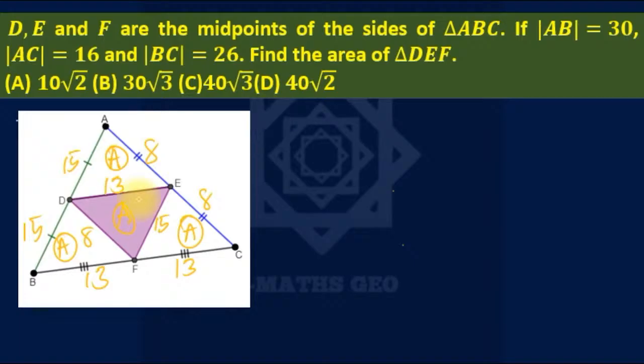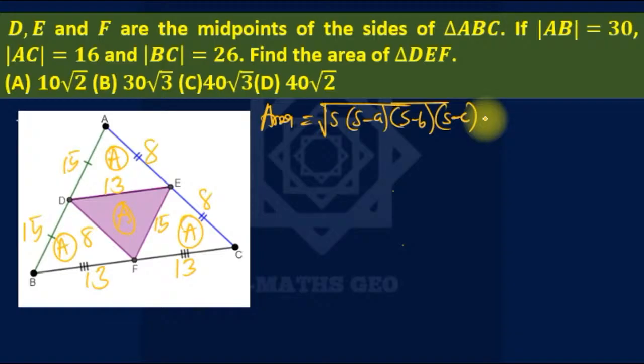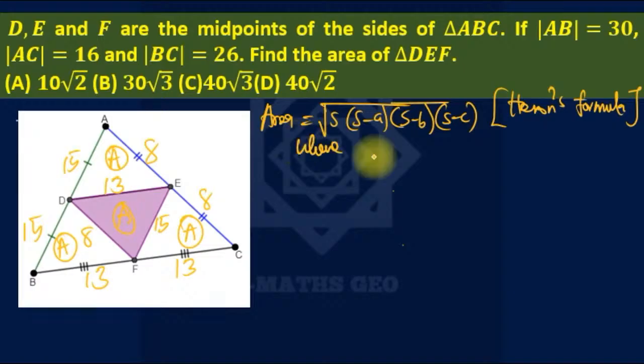So we have 3 sides, and we know that the area of a triangle given 3 sides is always the square root of x times x minus a times x minus b times x minus c. That's Heron's formula. That's the area of a triangle given the 3 sides, where x is the semi-perimeter, that's perimeter over 2.